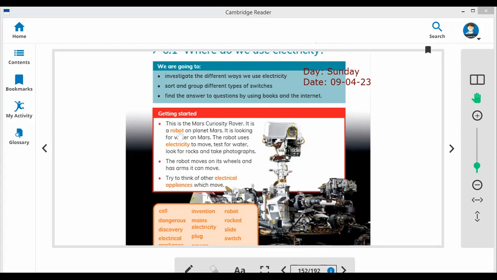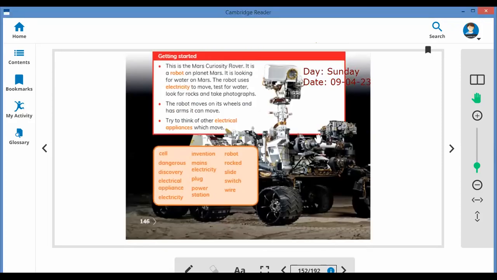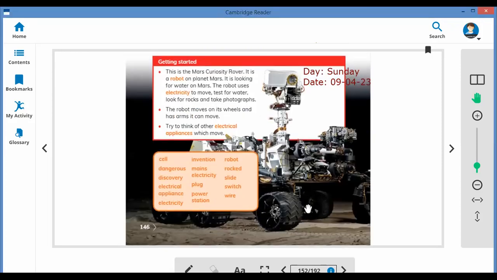It is looking for any precious rock, and for water, and it is taking photographs. The robot moves on its wheels and has arms it can move. Look here, if you see the picture carefully, it has wheels and it has arms.